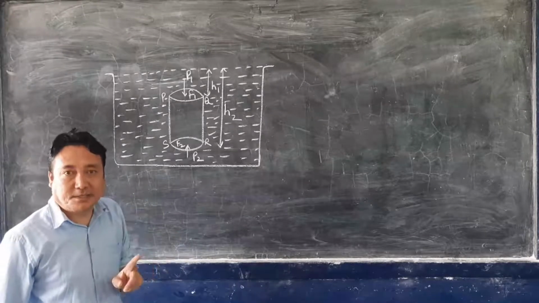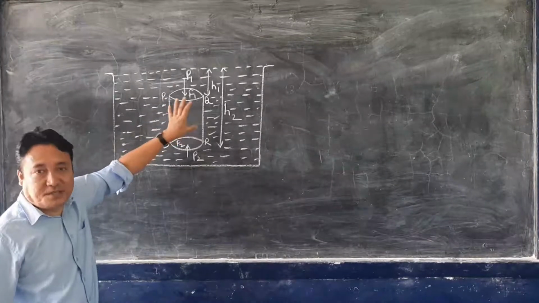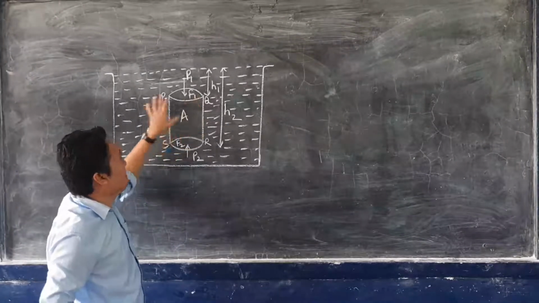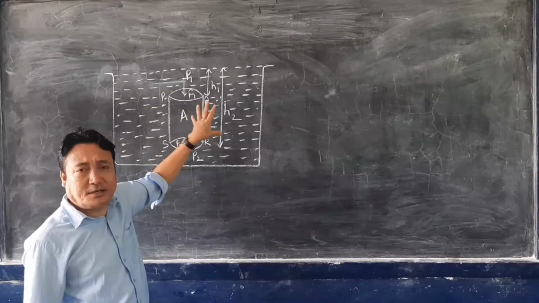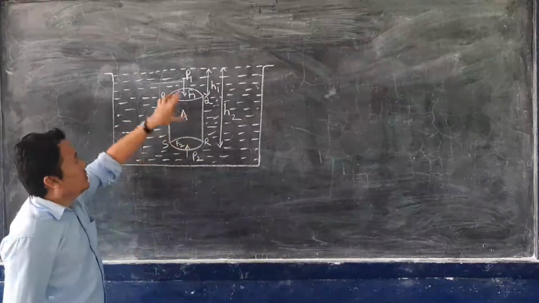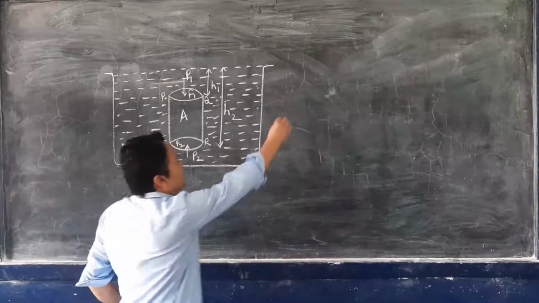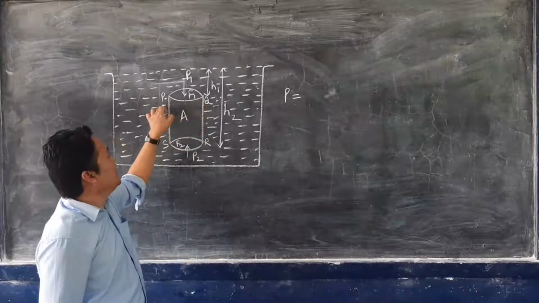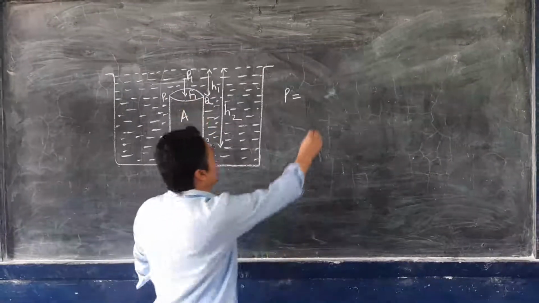Now let us consider the cross-sectional area of this cylindrical vessel is A. PQRS is a cylindrical vessel having a cross-sectional area A. So let us first calculate the pressure at the depth of h1, that is, the pressure on PQ.